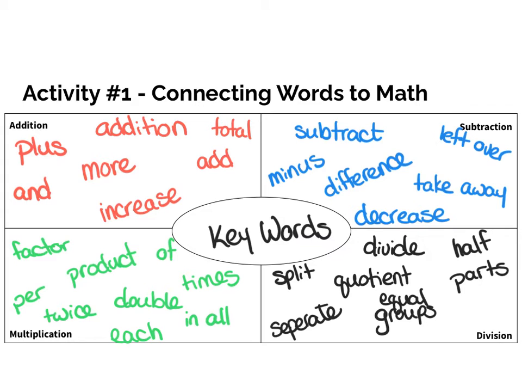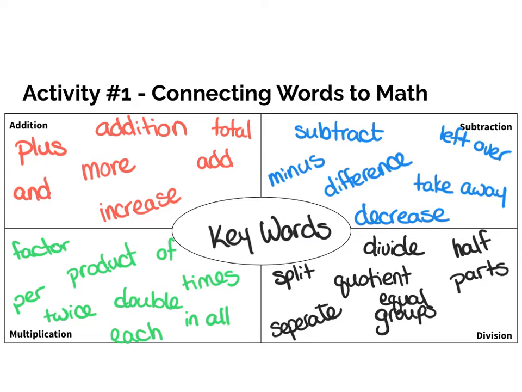Subtraction, we looked at the word subtract, minus, if they ask you for what's left over, take away, something that's decreasing means you're subtracting it, or what is the difference between. So if you're trying to find the difference between numbers, that would suggest subtraction.